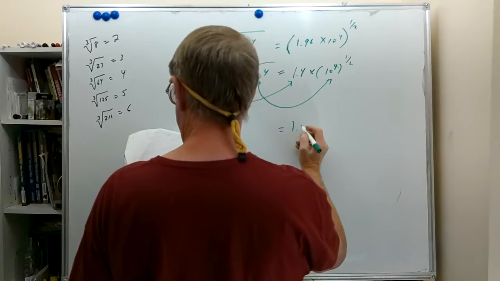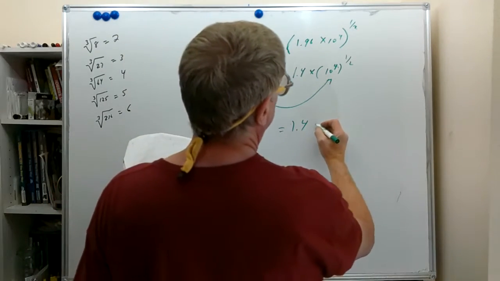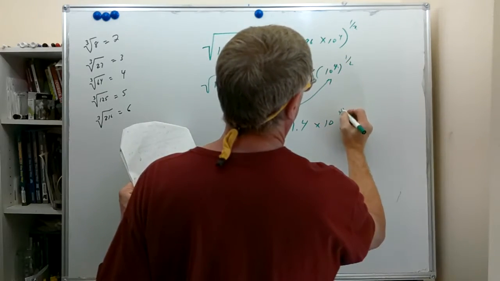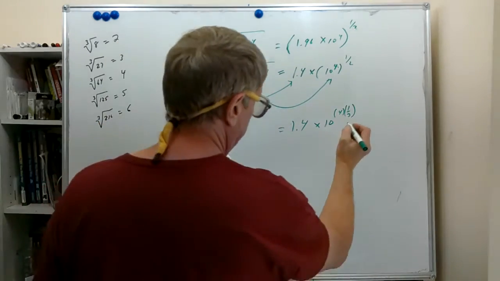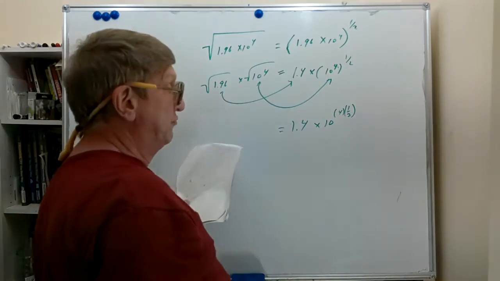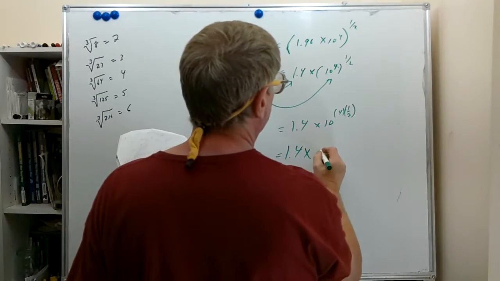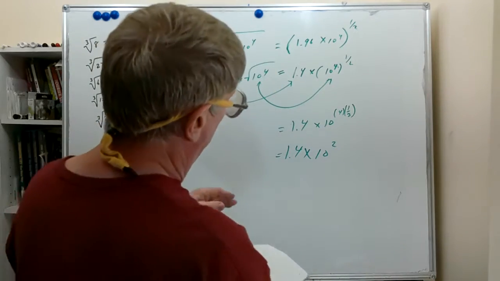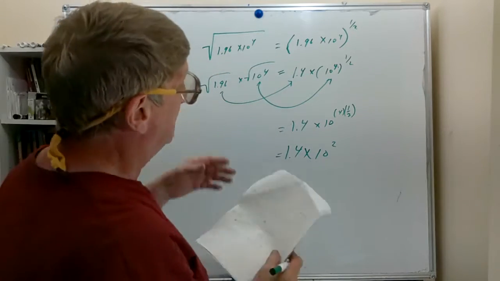We're going to stick with the 1.4. We're going to move this exponent inside, 10 to the 4 times 1 over 2. Well, 4 times 1/2 is 2. So this equals 1.4 times 10 squared.